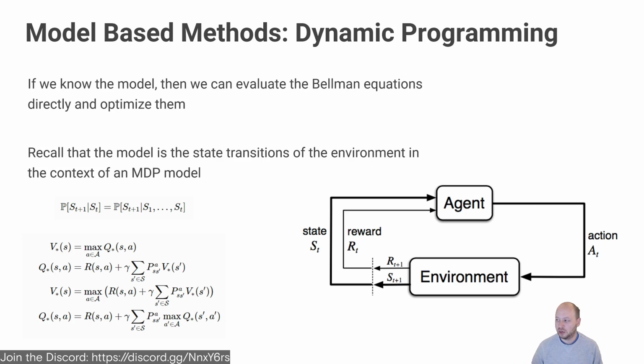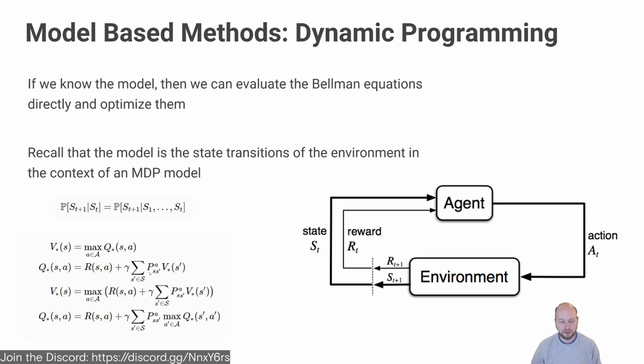In this context, dynamic programming allows us to evaluate these equations down in the bottom left, where if we're in a particular state, our value of the state is going to be the maximum of our Q function value, meaning if I'm in a current state and I take the action with the maximum Q value, then that's going to be the value of being in the current state, because it's essentially just evaluating that Bellman equation, as you can see below.